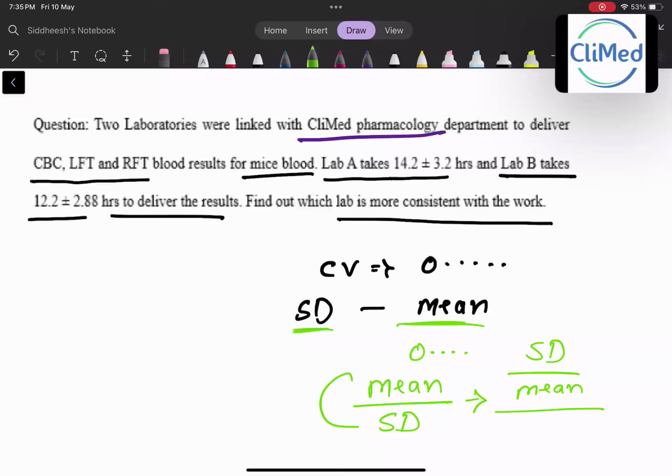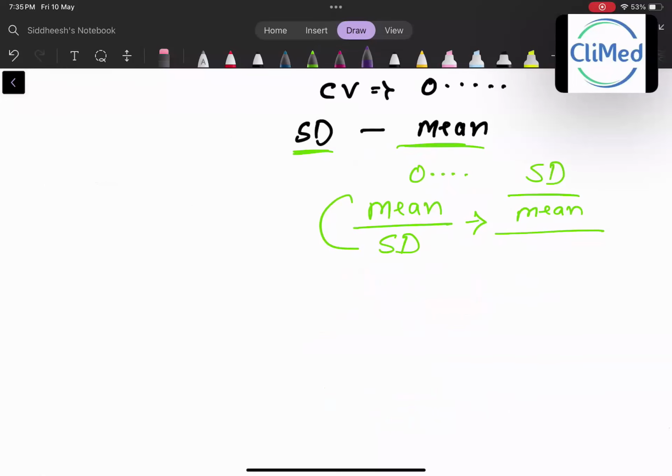Correct? Yes or no? Simple maths we are discussing. Remember that coefficient of variance will always be in the range of points, right?